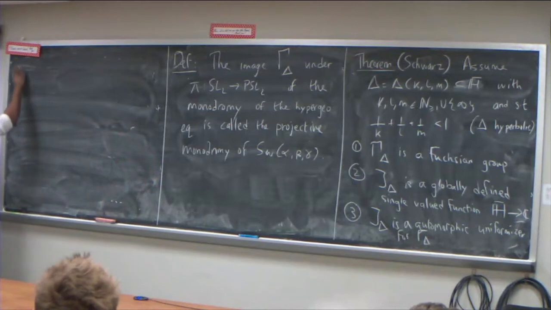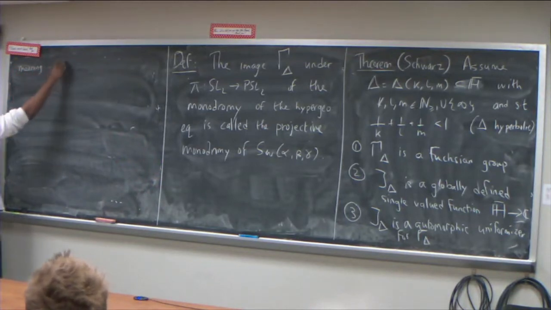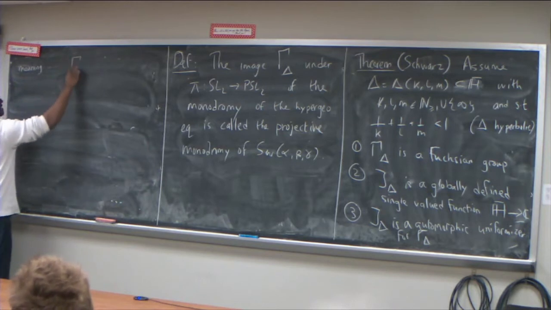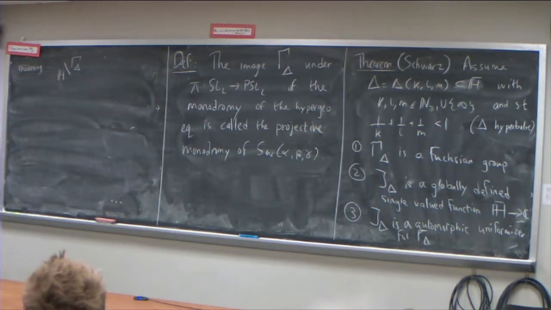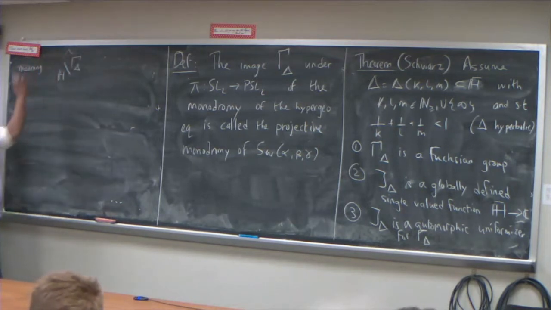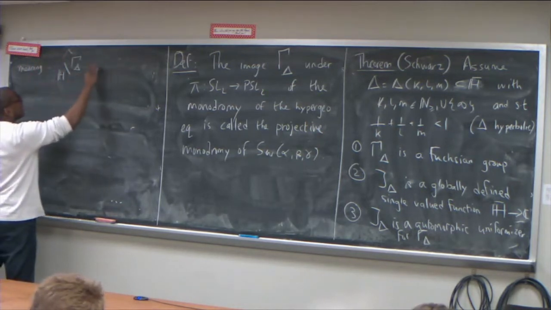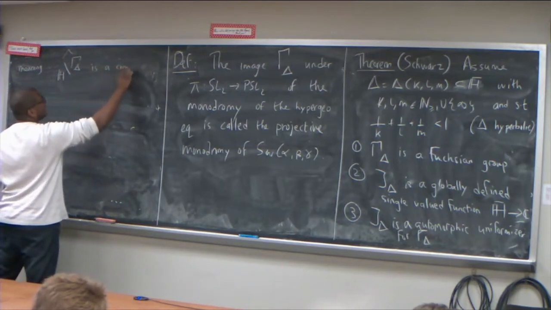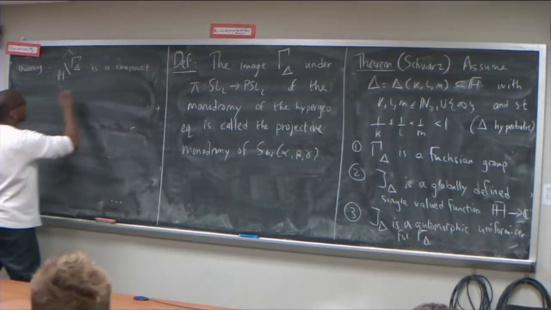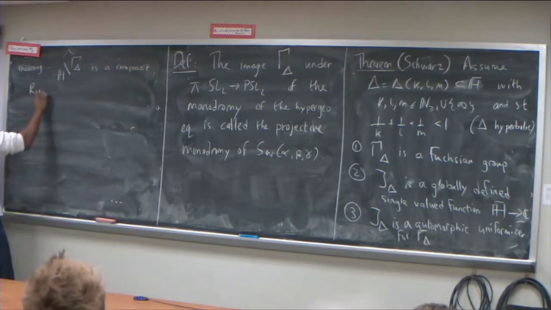the quotient, if I look at the quotient of H by gamma star, in the case of these Fuchsian groups, is going to be an open Riemann surface. And if you take the compactification, that's going to be a compact Riemann surface of genus 0.